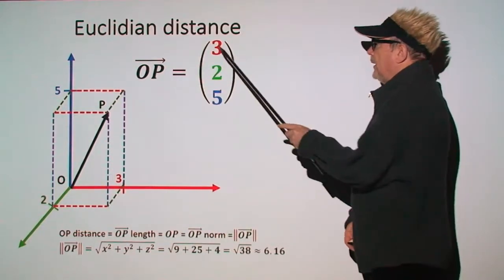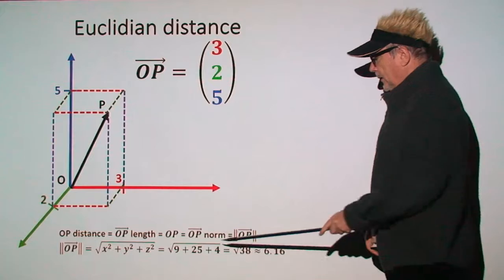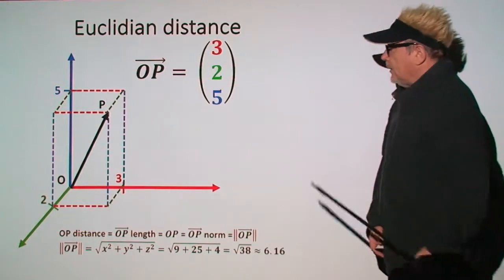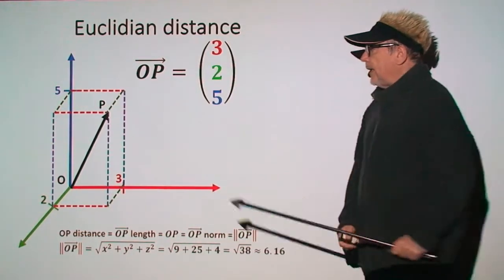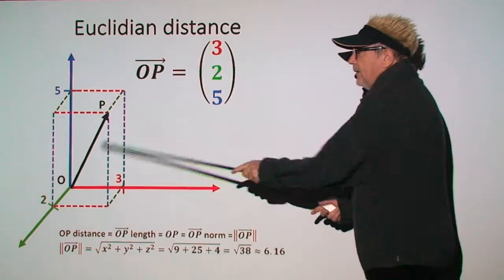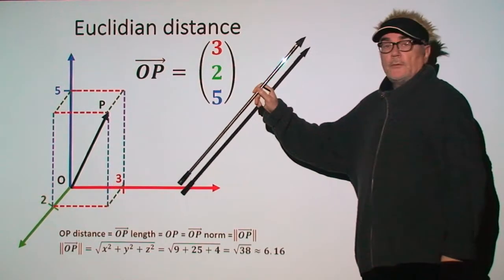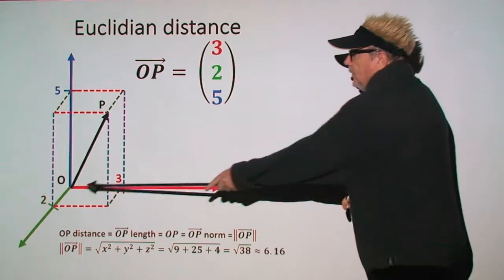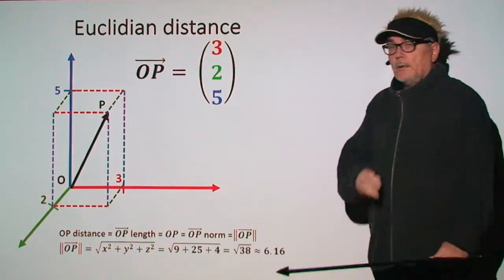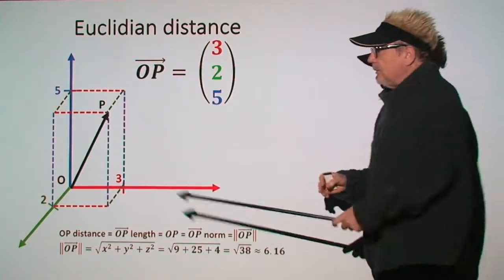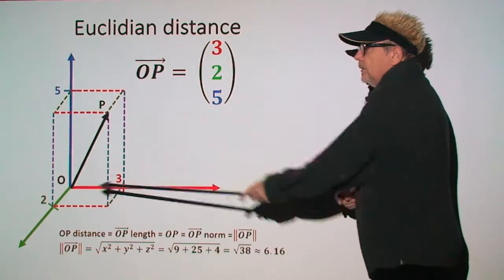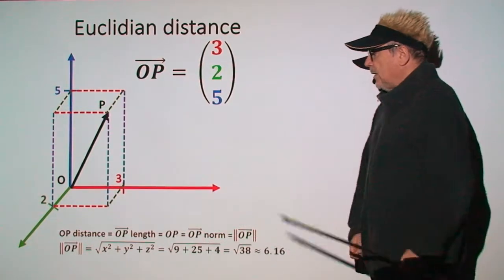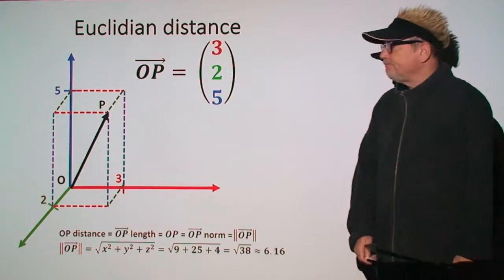In other words, 9 plus 4 plus 25, and then you take the square root and you get the length. What's interesting is that this length will always be the same, even if you change your frame of reference. That's what's key with the Euclidean distance.